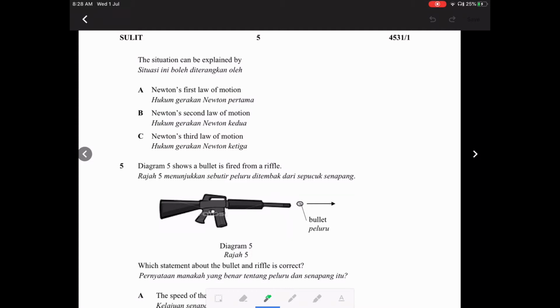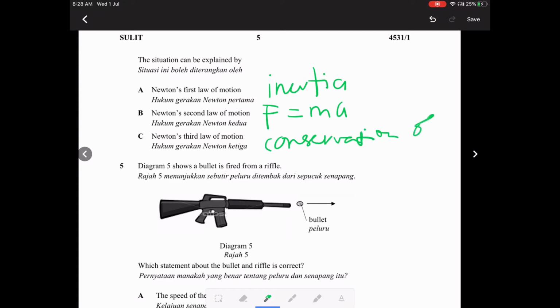Okay, Newton first law ialah about inertia. Newton second law is about F equal to ma. And C, Newton third law of motion is about conservation of momentum. Okay. So, for chili sauce adalah melibatkan inertia. So, the answer is A.